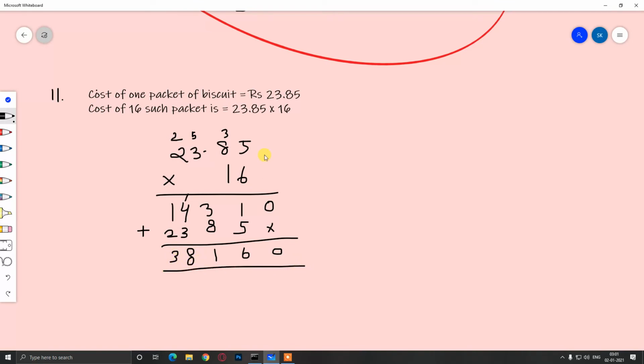So now put the decimal. How many places are there after the decimal in the question? 2. So here also count 2 from the right hand side, 1, 2, and then put the decimal here. So the cost of 16 packets is equal to rupees how much? So this statement we will write.